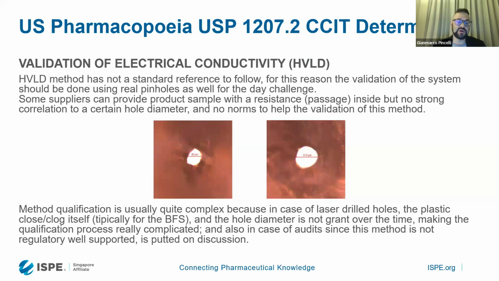We have to generate positive product in order to understand if the system can detect it for the qualification, but we also have to do the daily challenge. At the opening of the batch and at the end of the batch, we have to pass this laser drilled container, the positive container, through the machine in order to understand if the machine is still able to detect what should be detected in terms of limit of detection.